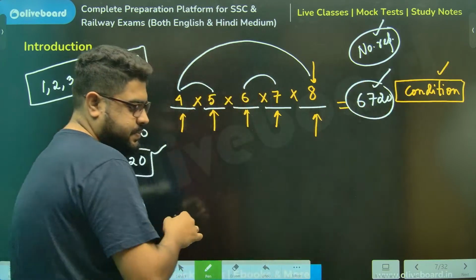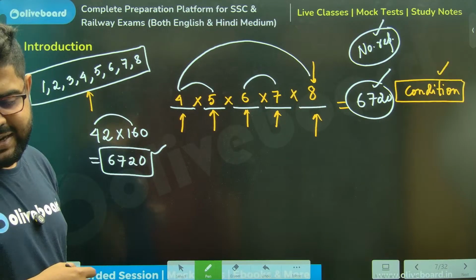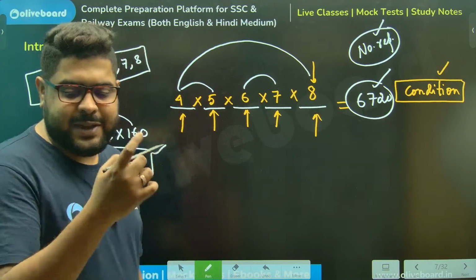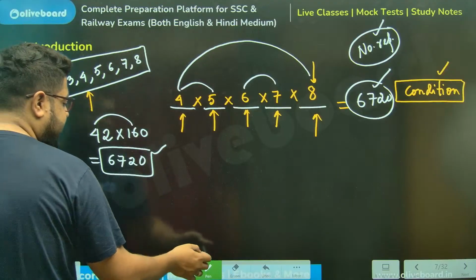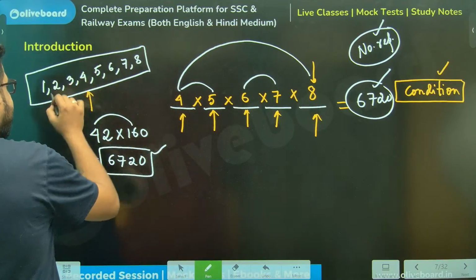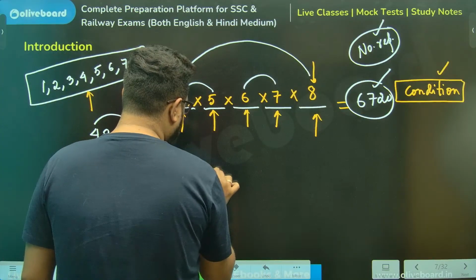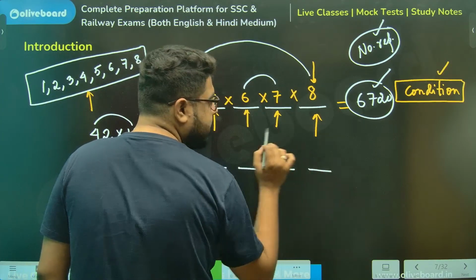Done. Now, next question. The same question will become a little typical or difficult. Sir, I'm asking how many? Same question, with the digits 1, 2, 3, 4, 5.